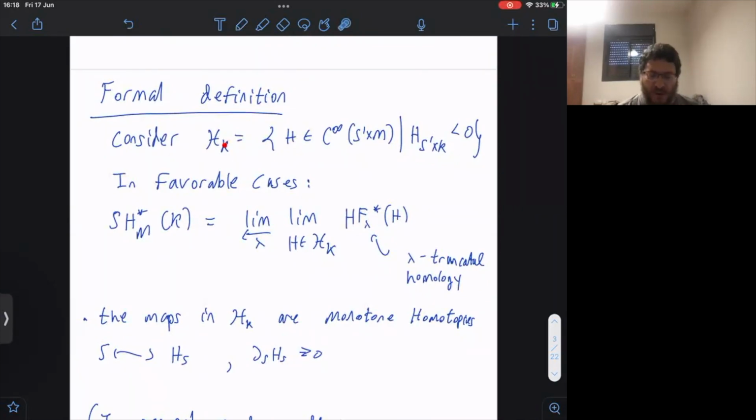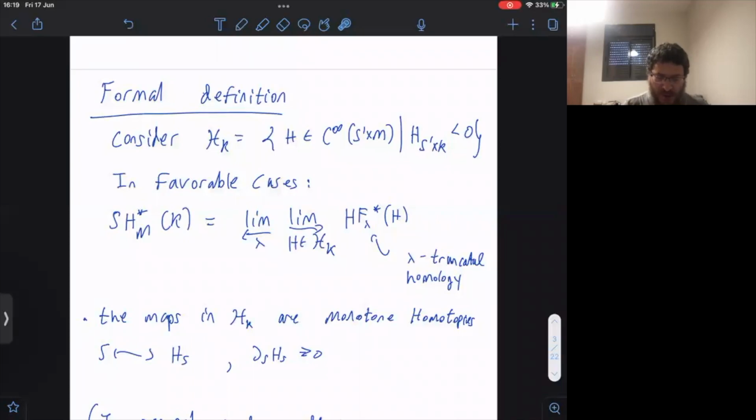You consider H_K to be the set of all time-dependent functions which are less than 0 on K. Then in favorable cases, you can write down a formula for the homology where you take a direct limit over these functions H. I assume everybody knows what truncated Floer homology is, but now you're taking a limit over all functions which satisfy this condition.